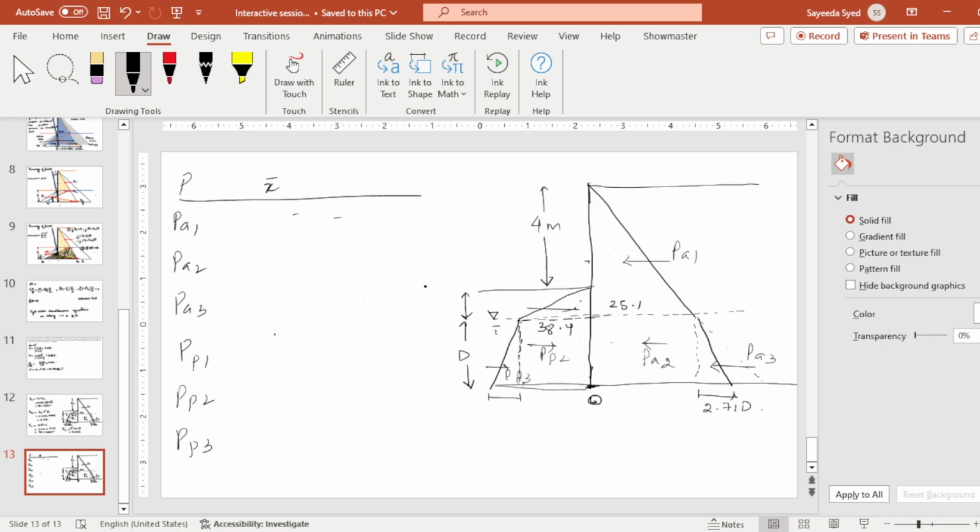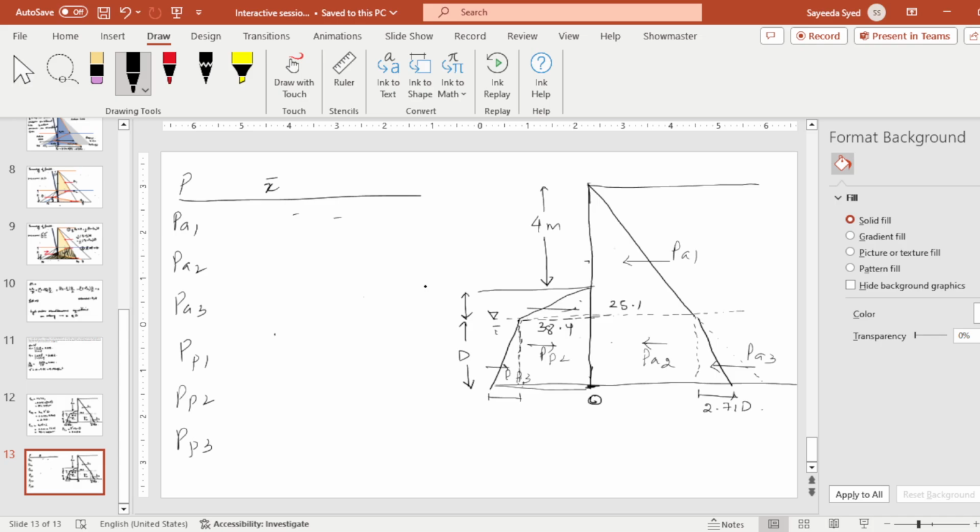And PA2 will be acting at D by 2. PA3 will be acting at D by 3. PP1 will be acting at D plus 1 by 3. PP2 will be acting at D by 2, and PP3 will be acting at D by 3.